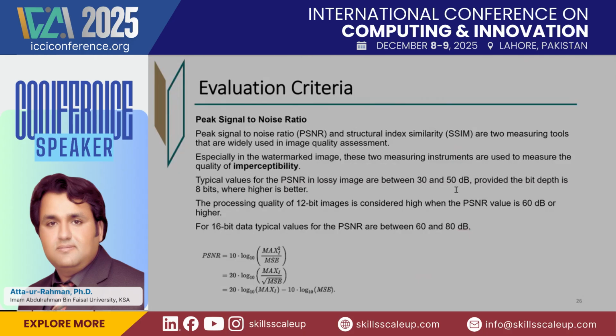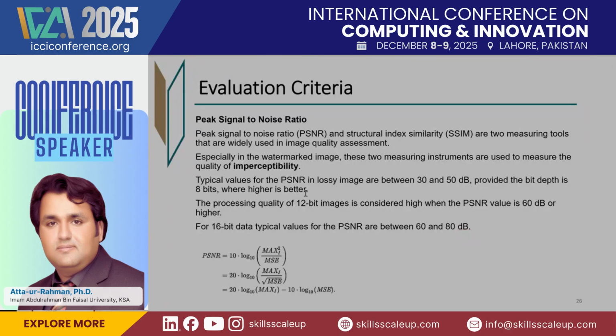In terms of evaluation criteria for digital image watermarking, we have two main criteria. Firstly, the peak signal to noise ratio and the structural similarity index are two measuring tools that are widely used in image quality assessment. Especially in watermarked images, these two instruments are used to measure the quality of imperceptibility. One way to judge imperceptibility is by the naked eye, but most of the time it's not possible.